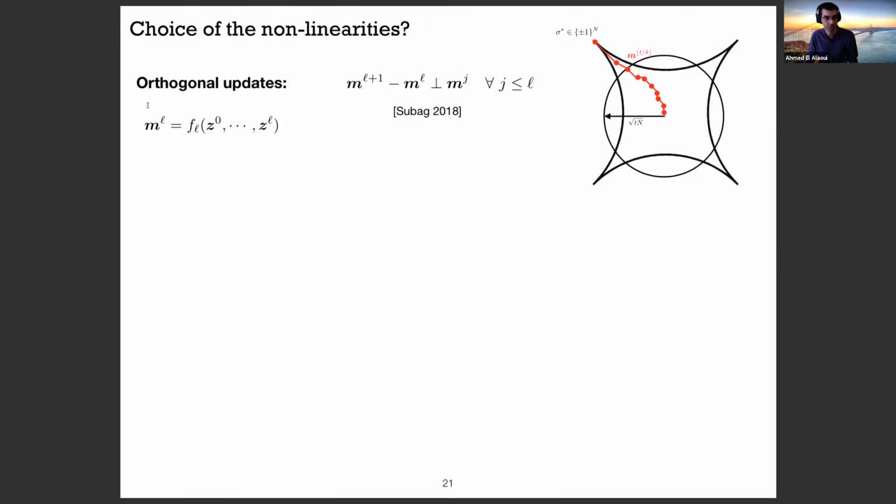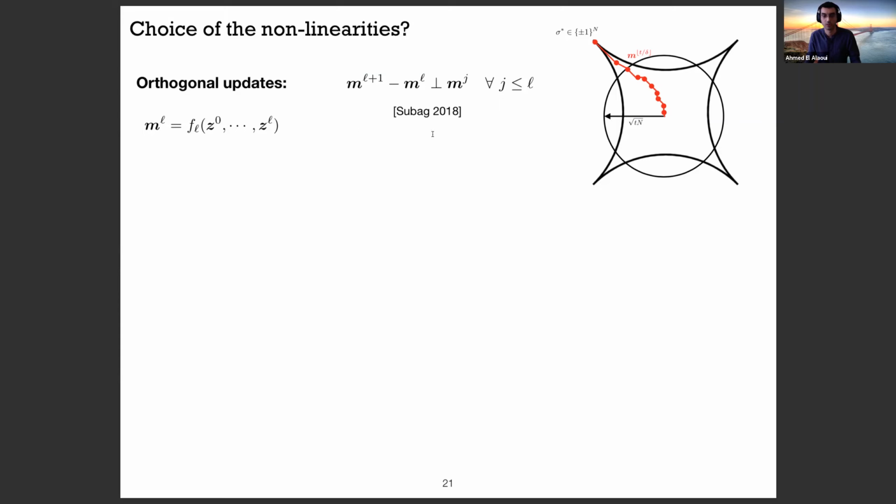The key algorithmic design choice that we're going to make is this idea of orthogonal updates that originates from the paper of Subag in the spherical case. And the idea, simply put, is that the algorithm is incremental, and at every iteration, the next increment that is put by the algorithm is orthogonal to all the previous ones. Okay.